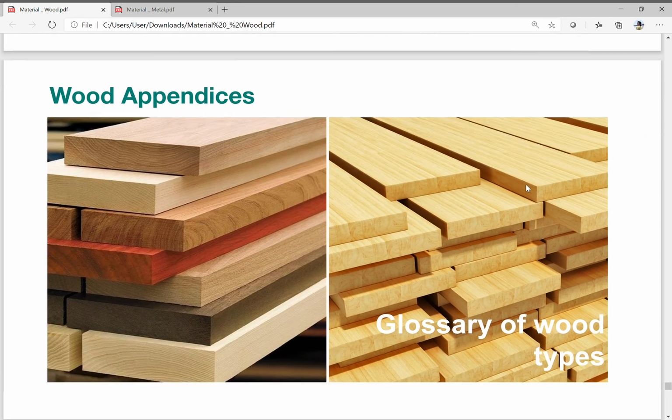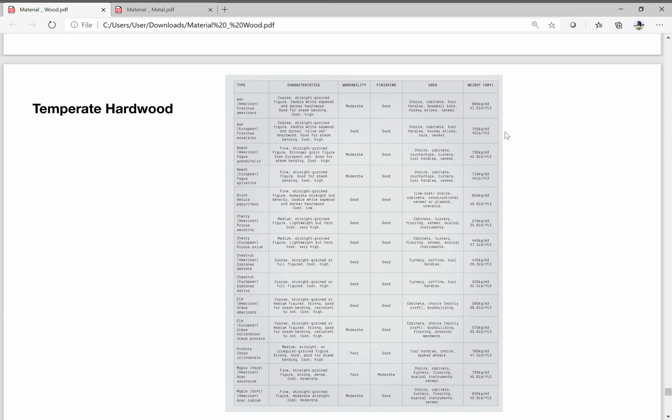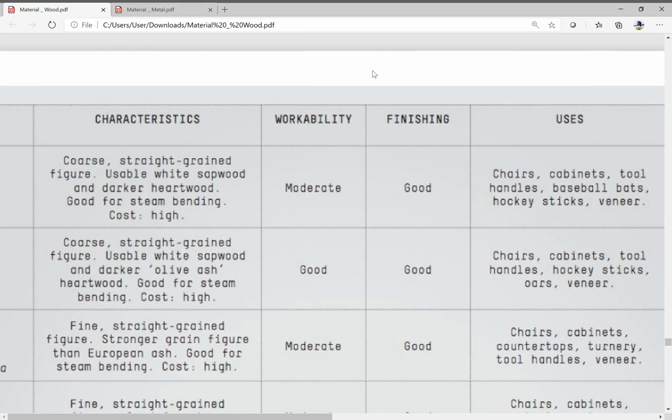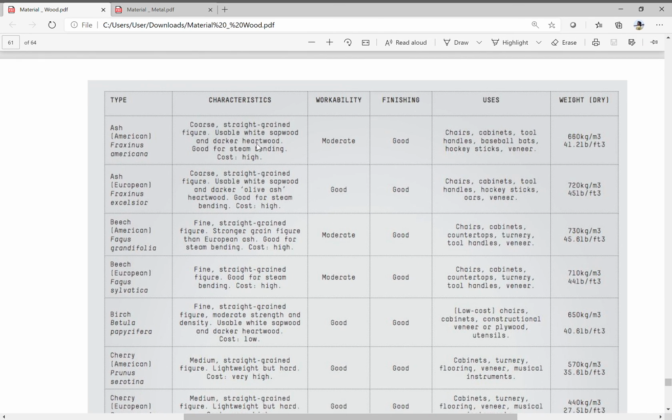Okay. And then on the last portion of your presentation, you have your wood appendices. This is just a glossary of wood types. With this one, you'll be able to see the type, what kind of wood, the characteristic, and then workability, finishing, and the uses, and its weight if it's dried.